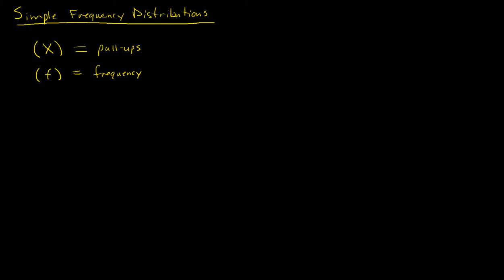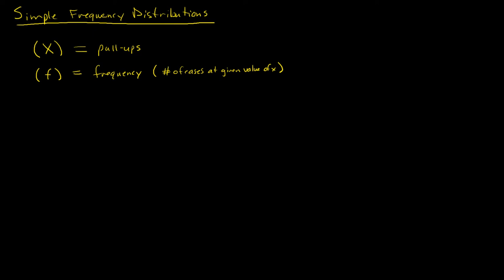Frequency is just the number of cases at a given value of x. You'll see in a minute what that means, and intuitively you might already have a sense of it.